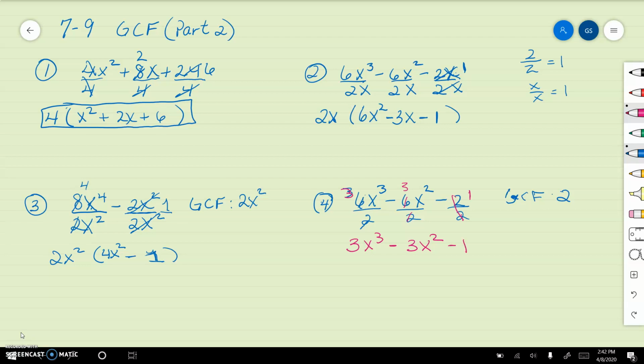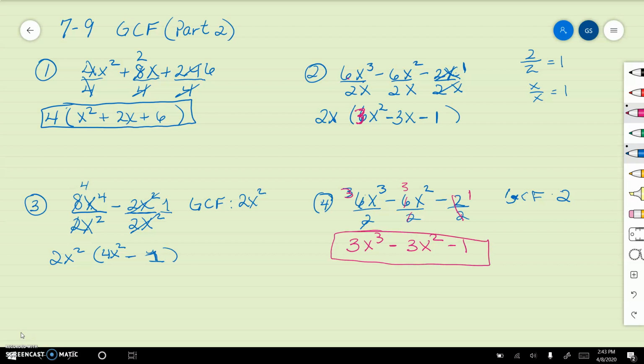I just realized I made a mistake above. So if I go back to 2, 6 divided by 2 is 3. Glad I did that. So it's 3x to the third minus 3x squared minus 1. You just do your division, and that's the answer.